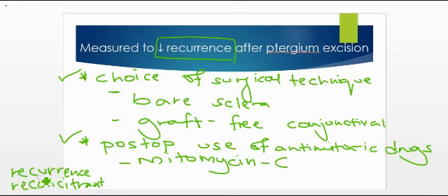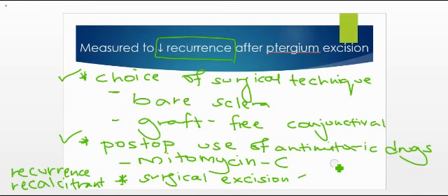If I got a recurrent recalcitrant pterygium, then what am I going to do? I'm going to do surgical excision, and together with the surgical excision, I'm going to do lamellar keratectomy and lamellar keratoplasty.